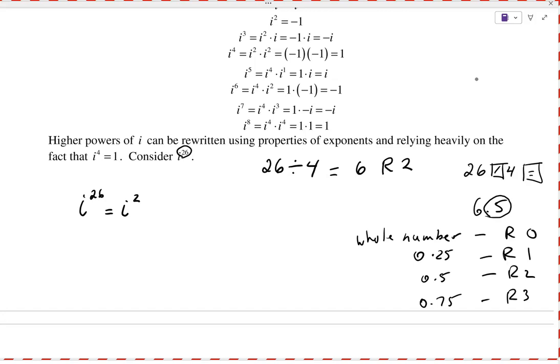So if you do i to the 4th, i to the 8th, 12th, 16th, 20th, 24th, counting up by 4s, I'm always going to get a 1. So once I get up to i to the 24th, I still have a 1. What's left over? i squared. And what is i squared equal to always? -1. So we simplified it.